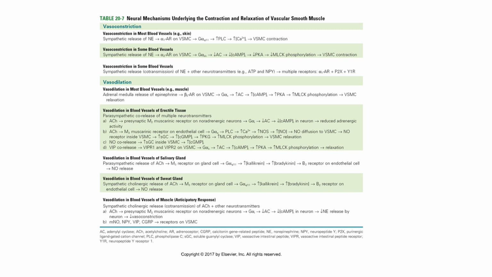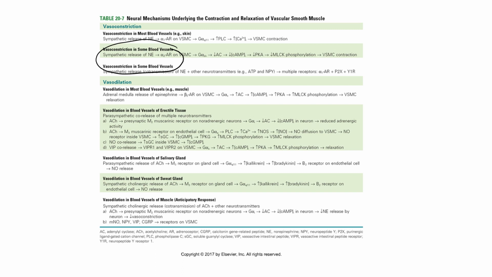We only talked about smooth muscle contraction through activation of the sympathetic nervous system releasing norepinephrine onto those blood vessels. But there are different receptors on different blood vessels where the same norepinephrine can stimulate contraction of that smooth muscle through different pathways.